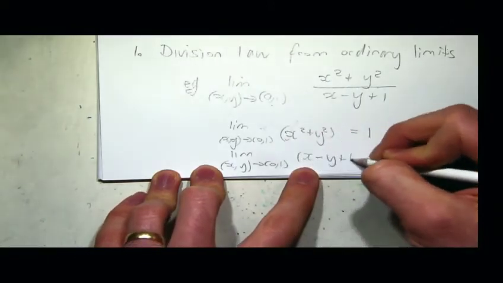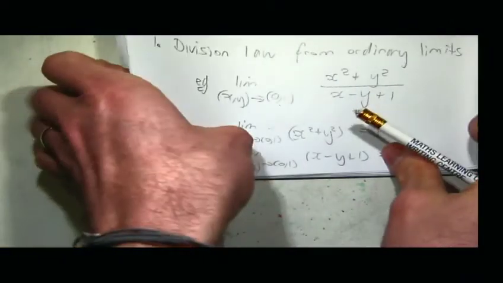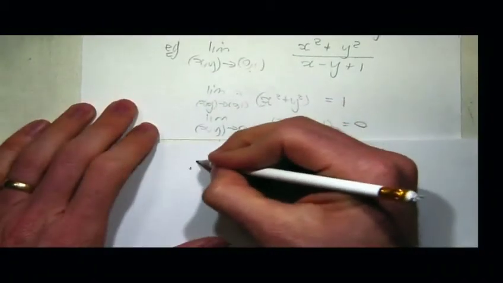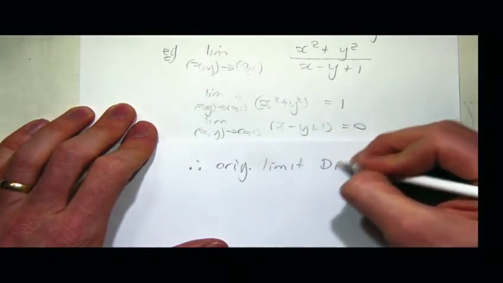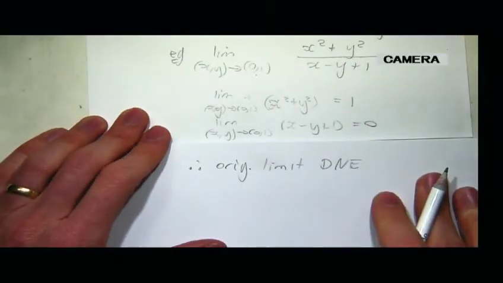X minus 1. Therefore, the original limit does not exist. Okay?